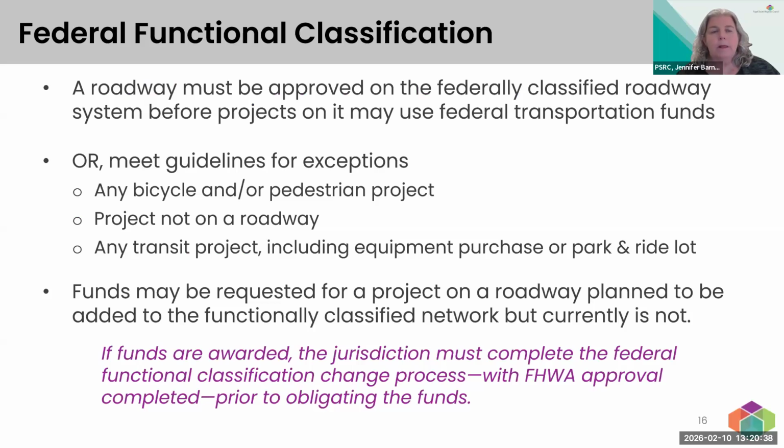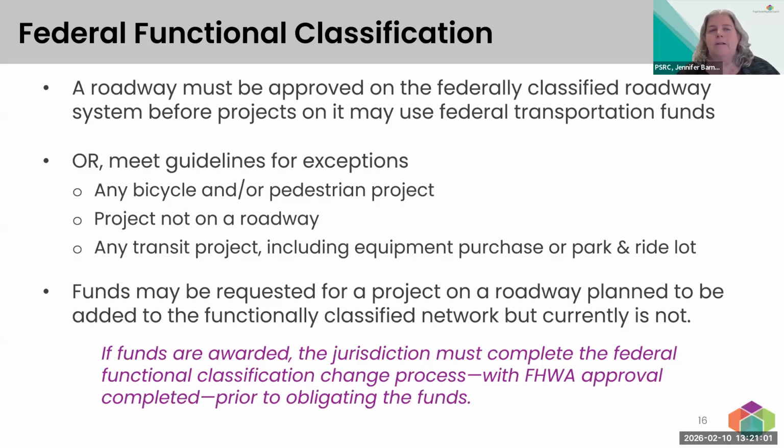The next category that we look for is federal functional classification. If a project is located on a roadway, it must be part of the approved federal functionally classified system, meaning that it's on a road that is classified collector or above. The designations that we're looking for are the actual classifications adopted by FHWA.